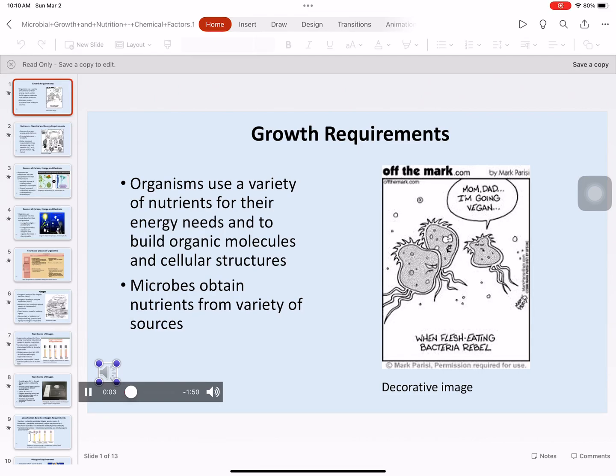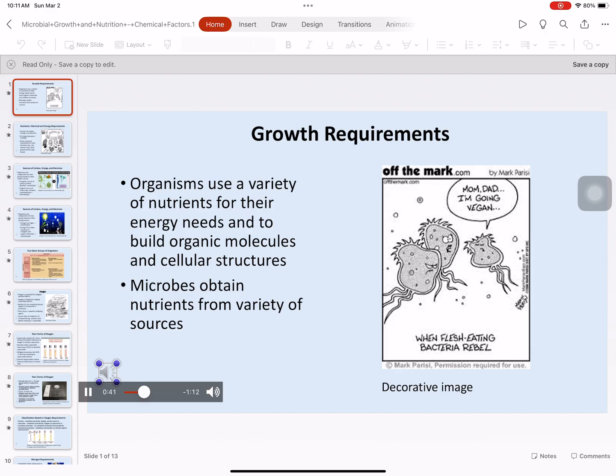Let's continue our discussion of microbial growth and the factors that affect it by considering the chemical factors influencing microbial growth. So, microbial nutrition. We know from our unit on microbial metabolism that organisms, including microbes, use a variety of nutrients to meet their energy needs, things like carbohydrates, proteins, lipids, and even nucleic acids.